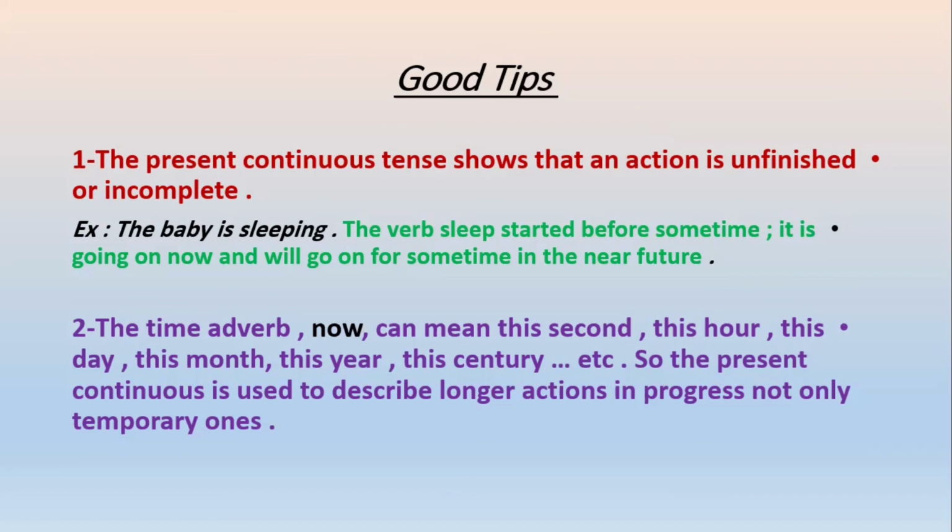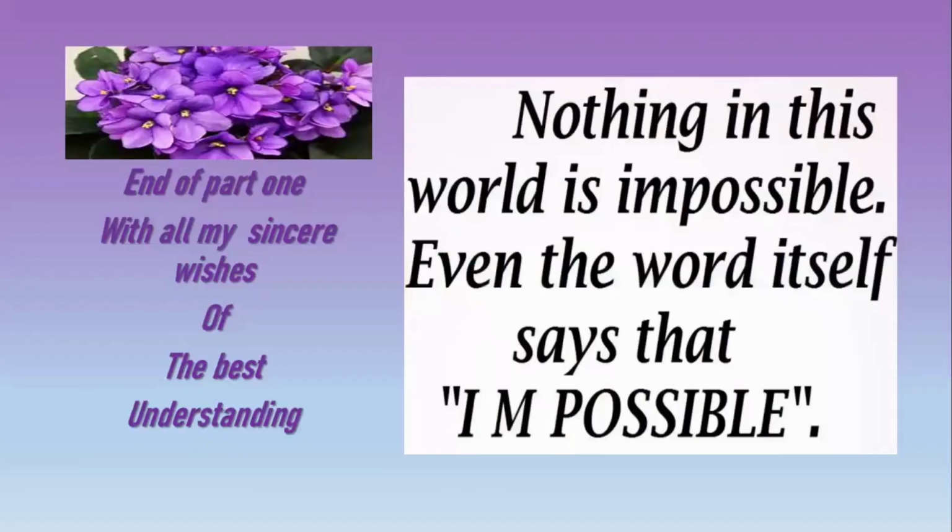So we can use the present continuous to explain or to describe longer actions in progress. What we concentrate on here is the duration of the action now. The action is not complete, as I have said before. The action is unfinished, and the action is mostly temporary. Okay, I hope you understand up to now.